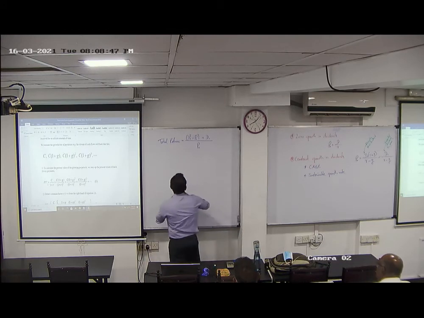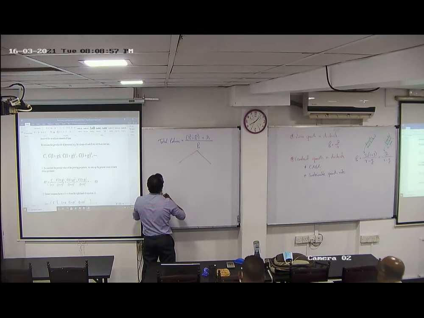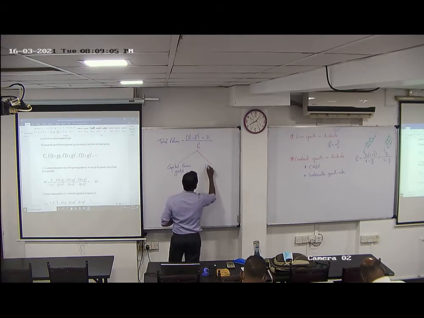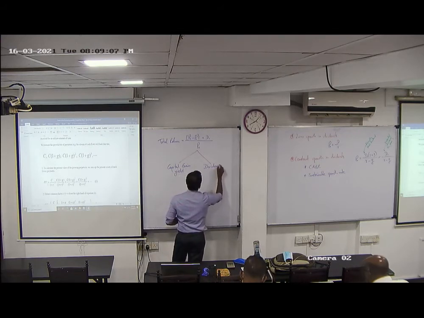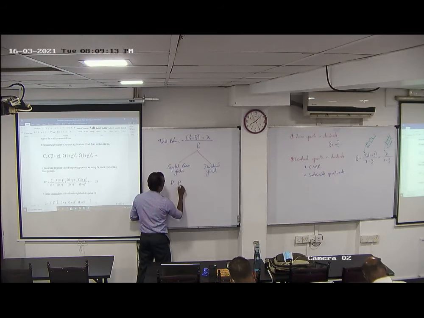And we can segregate this return into two categories, what we call capital gain yield and dividend yield. Capital gain yield means P1 minus P0 divided by P0.